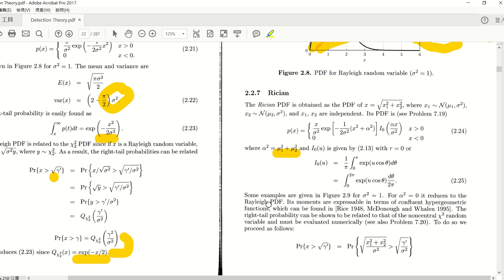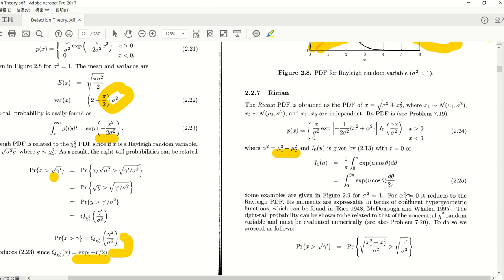Okay, then some examples will be given in a figure for sigma square equal to 1, and we'll take a look at that later.